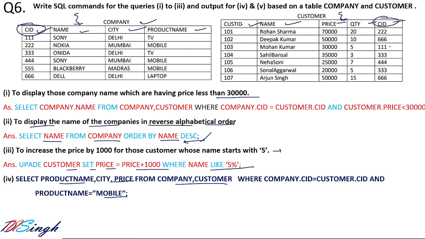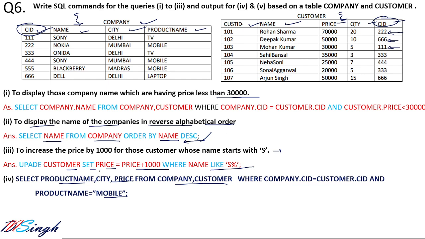CID, where it is available. Okay, so this is for 122 and this is for 166, and product name is what? Mobile. So where is the product name available? Customer or company, BlackBerry, Sony, Onida.